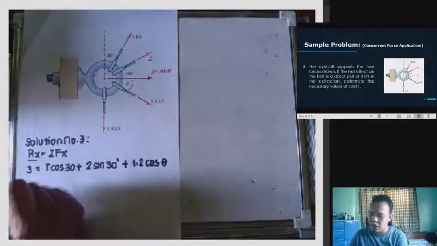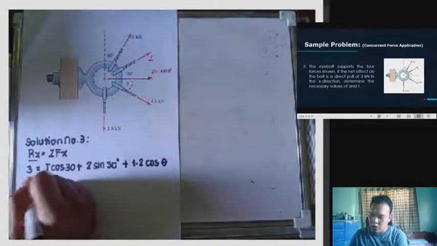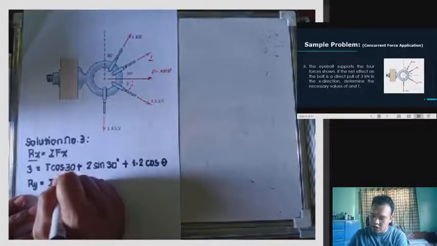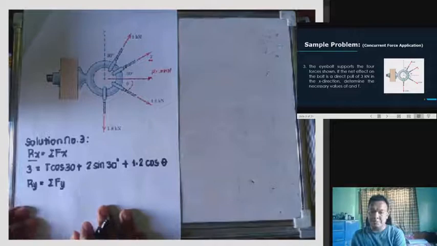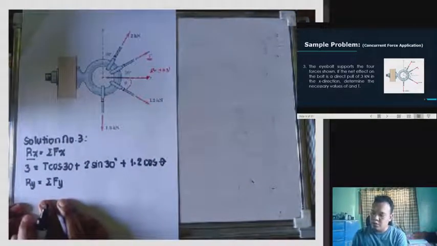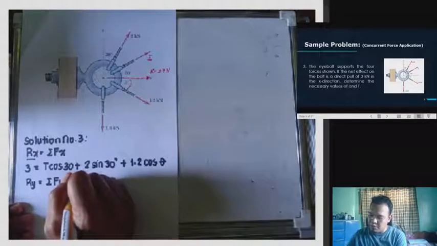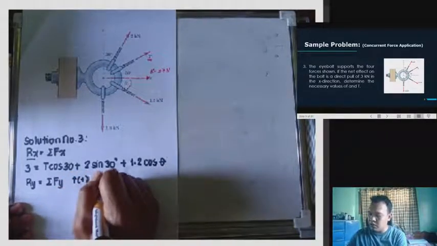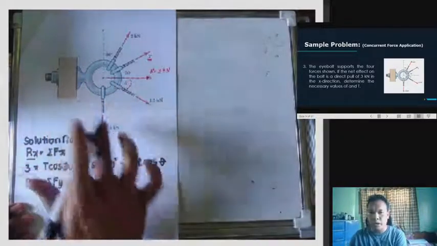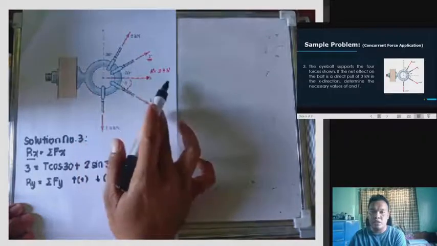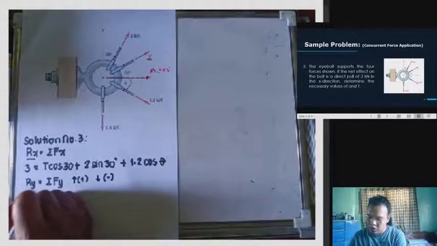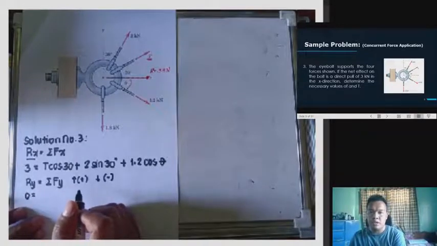So, pwede natin siyang kunin sa Ry, which is equivalent to summation of forces in y direction. So, equation 1 natin ito. So, for Ry, assumption natin, up is positive and downward is negative. Okay? So, we all know na walang Ry kasi nga the resultant is along x direction. So, 0 agad tong Ry natin dito. So, 0 is equivalent to summation of Fy.